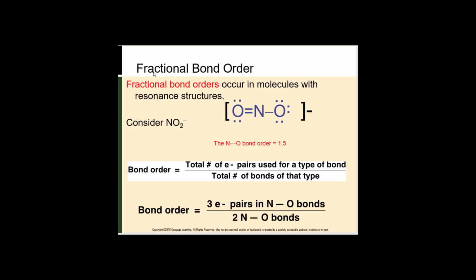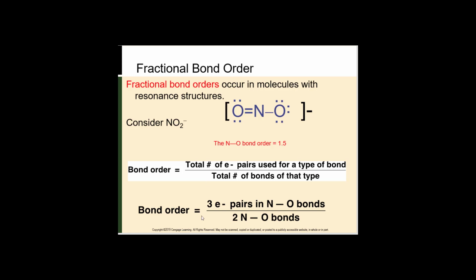Fractional bond orders occur in molecules and ions that have resonance structures. For example, if we looked at this NO2 minus, notice that we have a bond order of 2 between this N and O and a bond order of 1 between this N and O. But we could flip-flop that, and the 2 could be on this side and the 1 could be on that side.